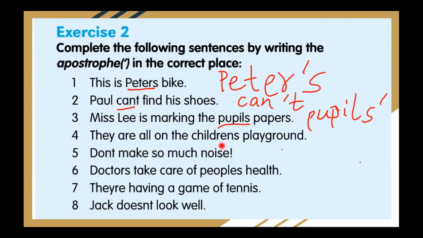Next, they are all in the children's playground. So here what you will do. Children, apostrophe S, because children itself is a plural noun. It doesn't end in S. Children is a plural noun, so you will add apostrophe S. No, my dear, you haven't understood.